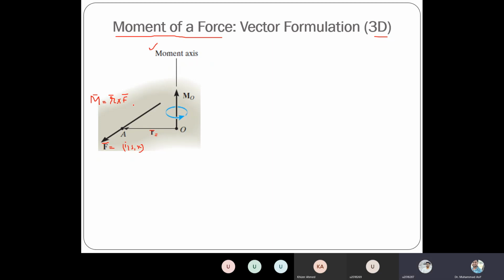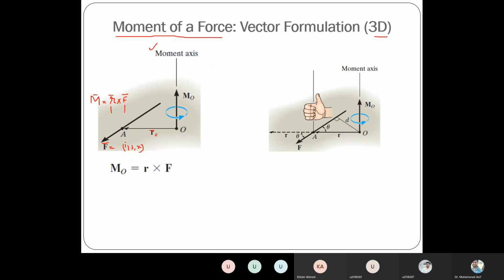In that case, r will be a vector and force will be a vector, so you simply take the cross product, r cross F. Similarly, this one tells you about the direction of the force. In the case of scalars, you always look for the perpendicular distance d.